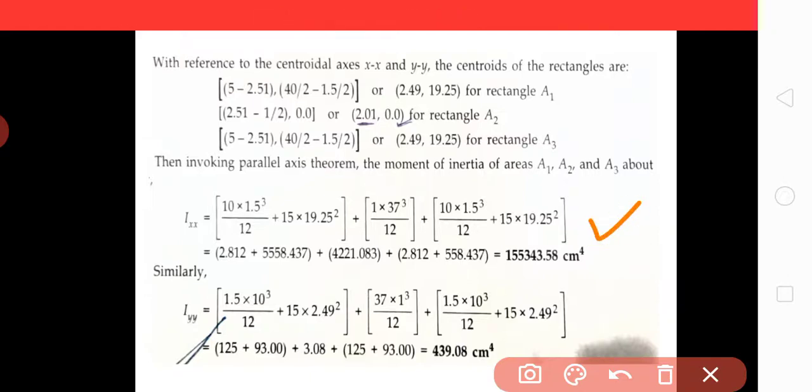This is all. Similarly, for Iyy, 1.5 into 10 cube by 12 plus 15 into 2.49 square. This is for the top area.